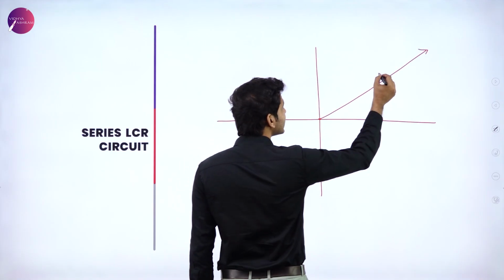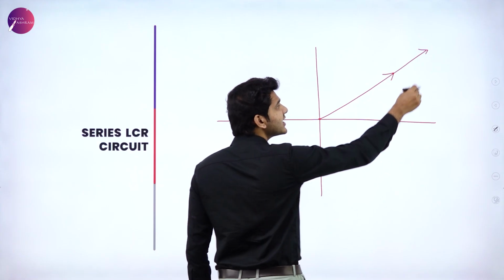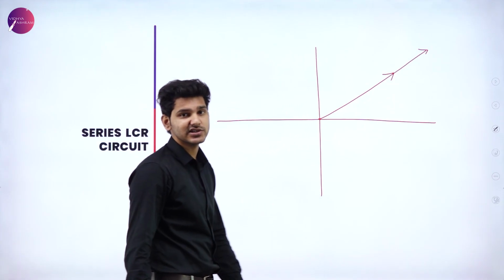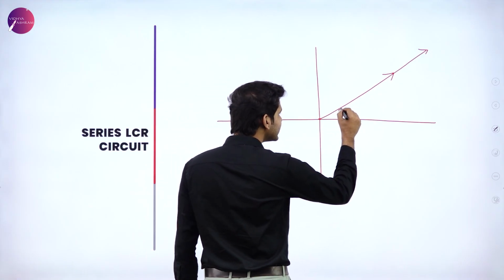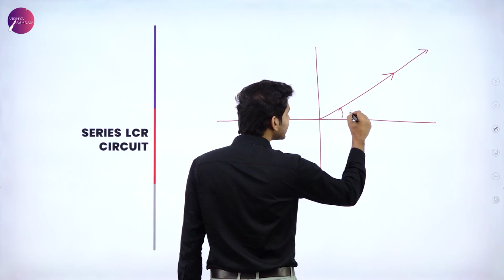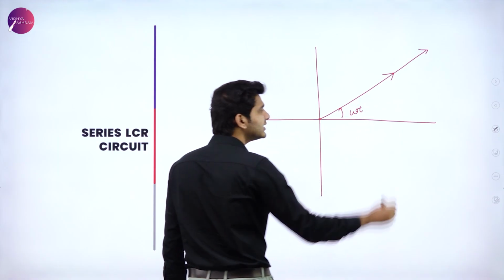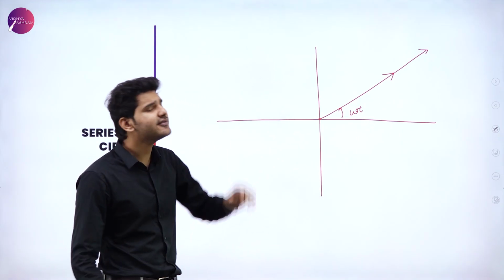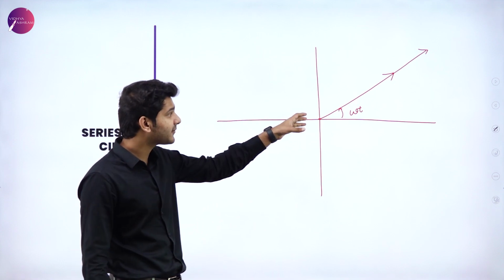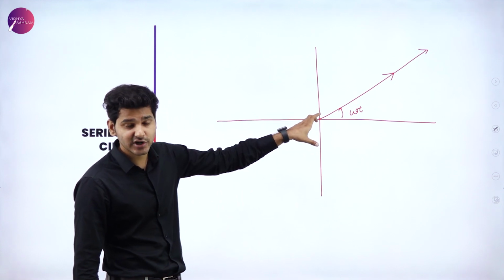This is current, this will be voltage, and the angle that they make with this particular axis is nothing but omega t. The phase angle difference between these two is 0 because they are in phase with each other. So this is for a purely resistive circuit, right?